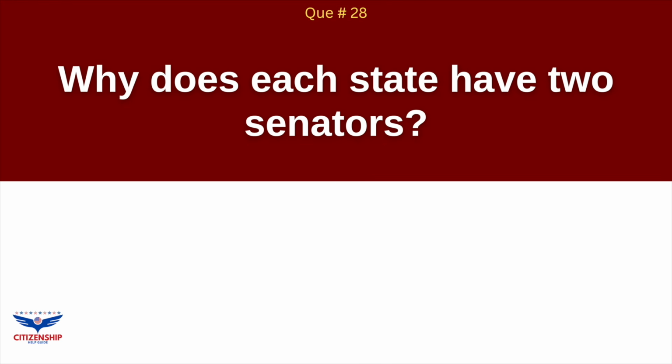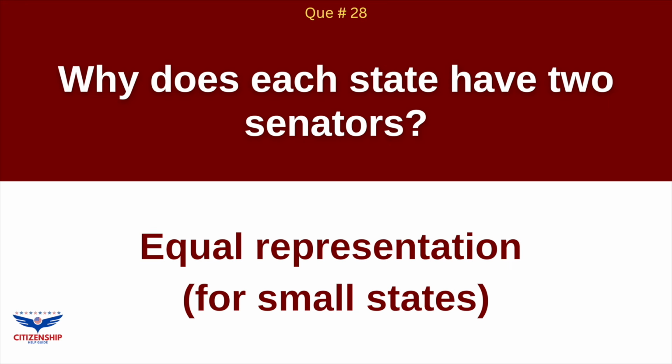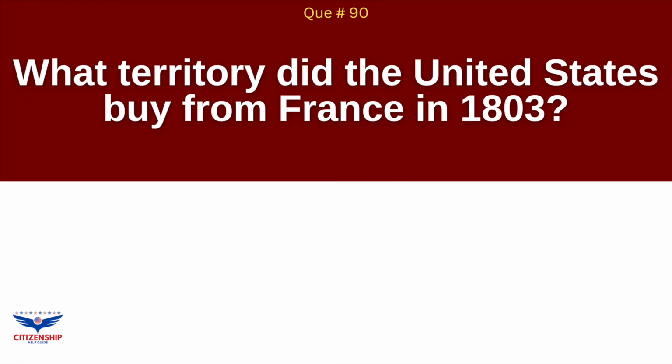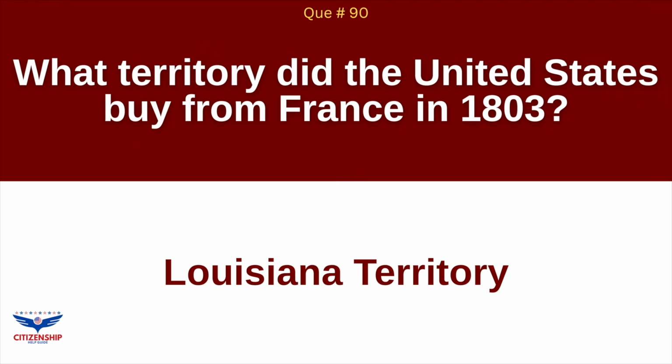Why does each state have 2 senators? Equal representation for small states. What territory did the United States buy from France in 1803? Louisiana Territory.